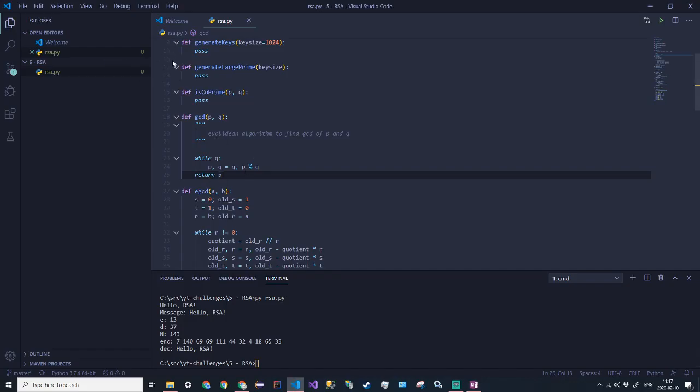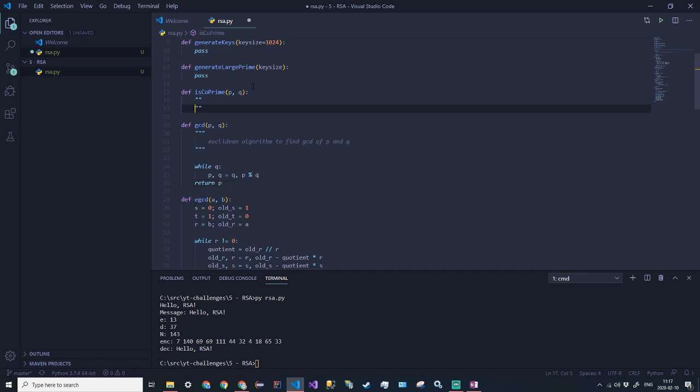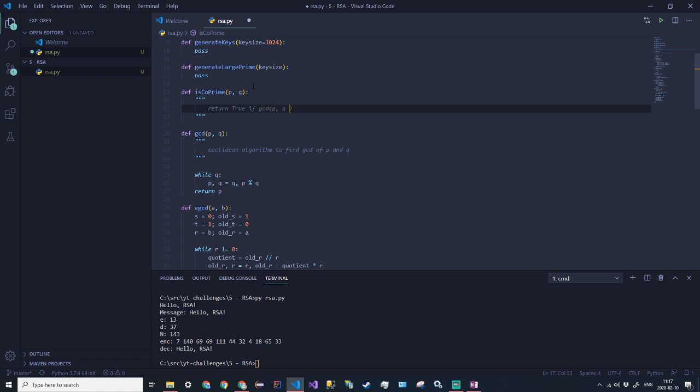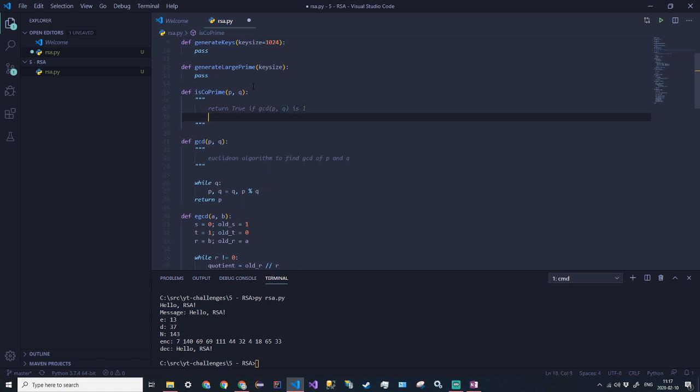So that's GCD. Next we'll want is co-prime, so that's simply just to say if the greatest common denominator returns true if GCD of P and Q is 1, so relatively prime.